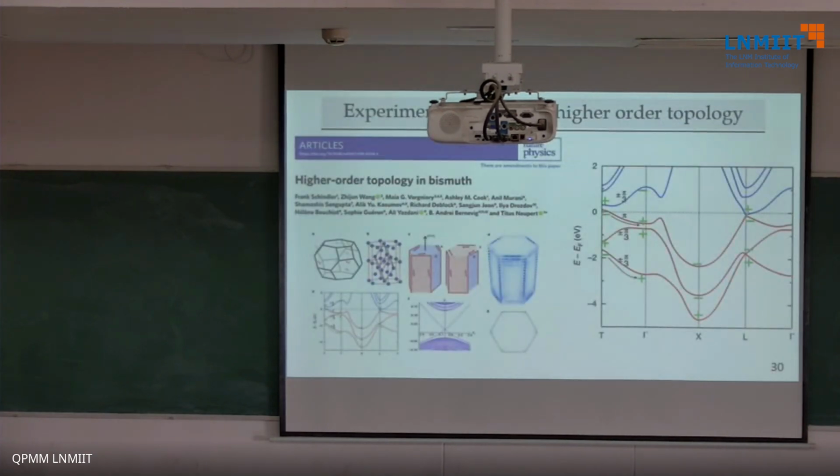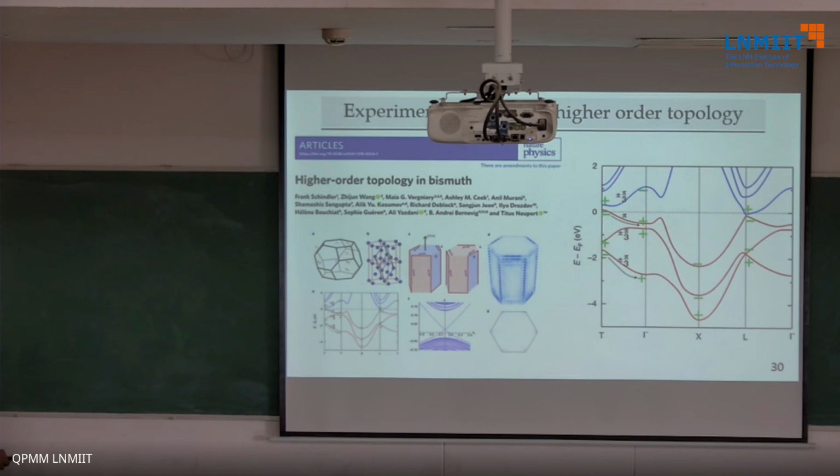And this was one of the first, other than tin telluride. Bismuth was always known to be a kind of weak insulator. So there is a little bit of a gap at the Fermi level here. But when you look at the band structure carefully, you see along this line that the inversion symmetries change values twice from minus to plus.